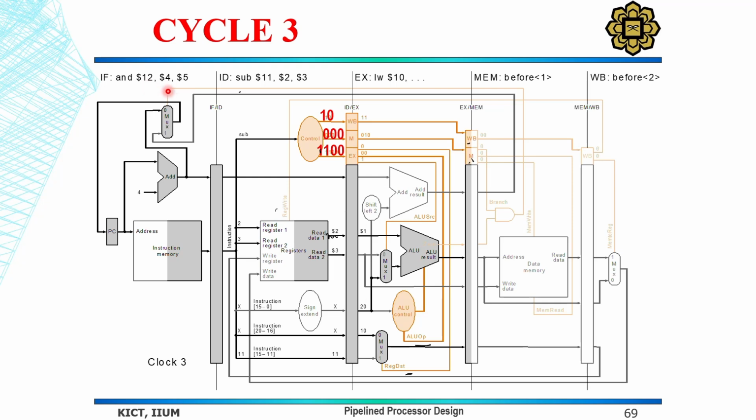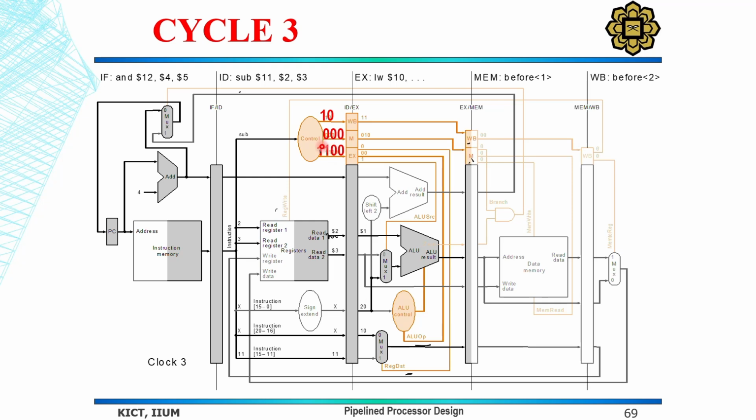Now here also we can see that it generated these control signals: 1, 1, 0, 0 for register destination, ALU operation 1, ALU operation 0, and ALU source. These are the values for this.